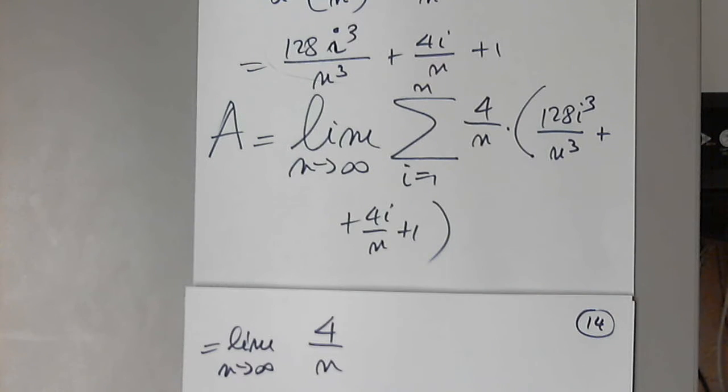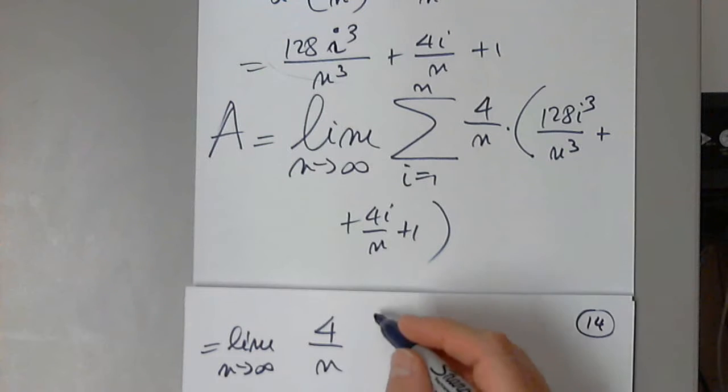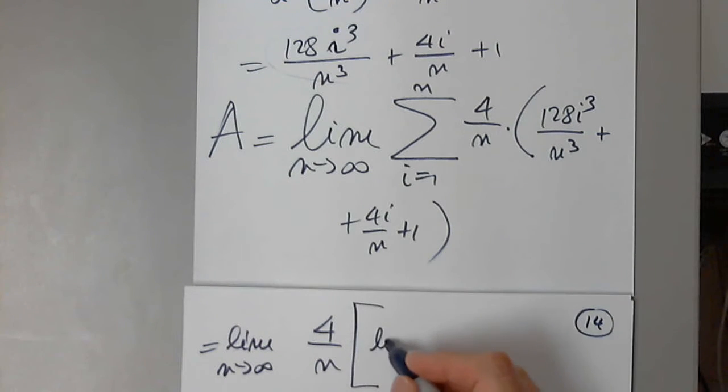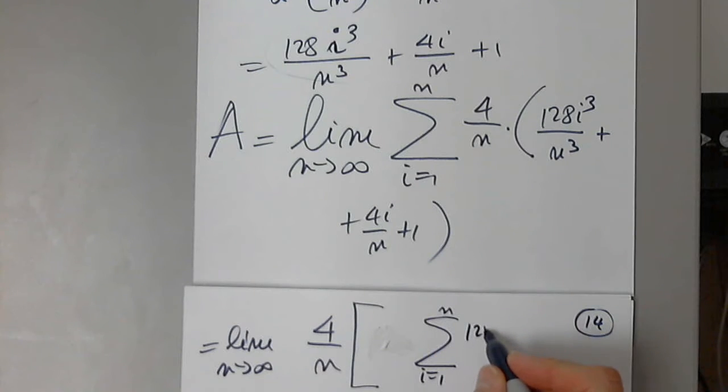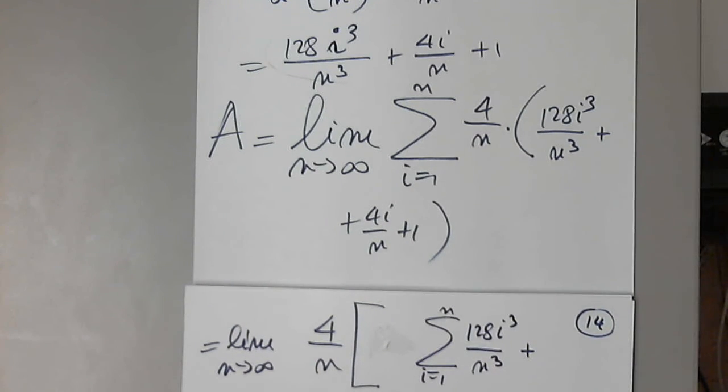Yes, we have to put a bracket. I just said sum and I wrote limit, sorry. So the sum from i equals 1 through n of 128 i cubed over n cubed plus the sum from i equals 1 through n of 4i over n plus the sum of 1 from i equals 1 through n.